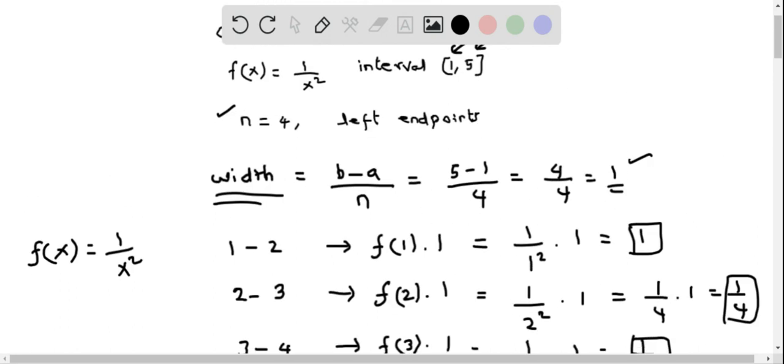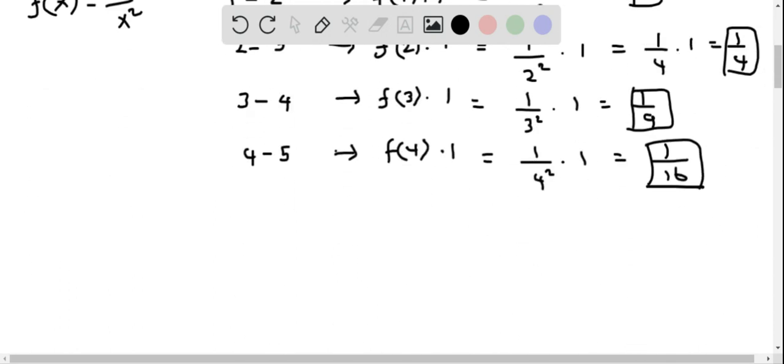To determine the area under the graph of this function f of x, we add all the areas of these rectangles.